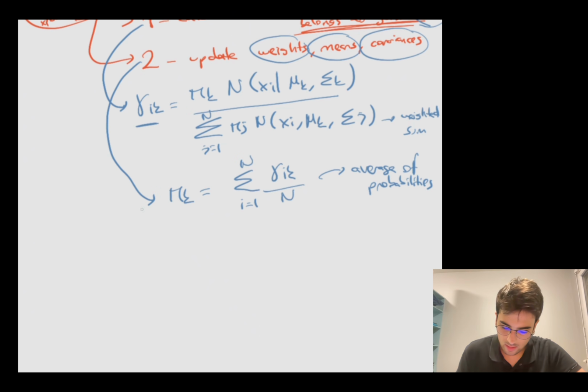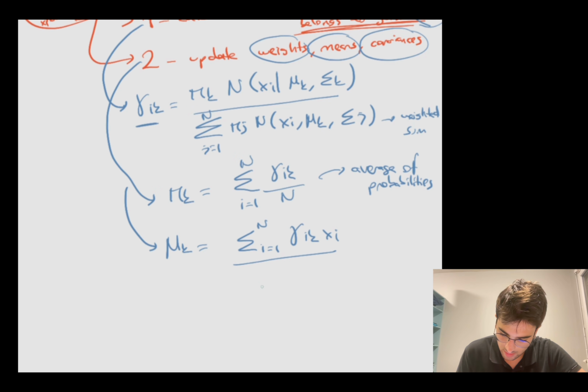After that, you also calculate mu k, the new mean values, as the sum from i equals 1 to n of gamma ik xi, divided by the sum from i equals 1 to n of gamma ik.